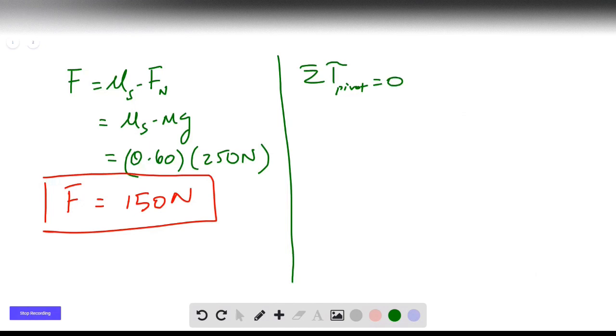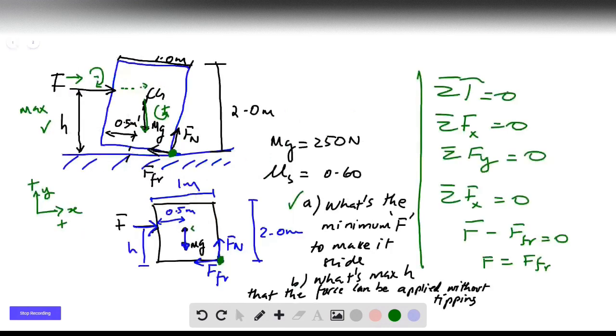So the positive will be mg times this distance. The perpendicular distance between the line of action of mg and the edge is 0.5 because it's half of the entire width.